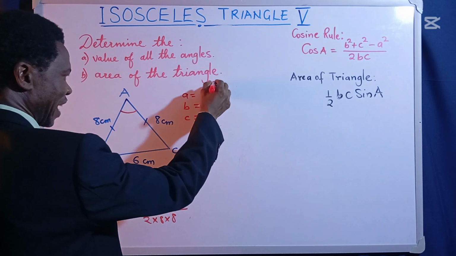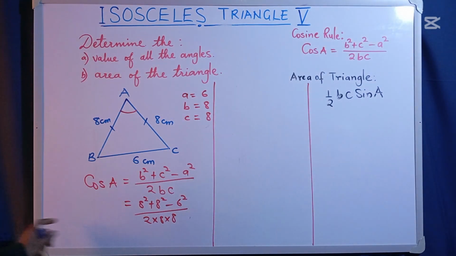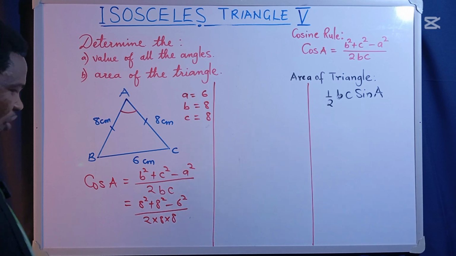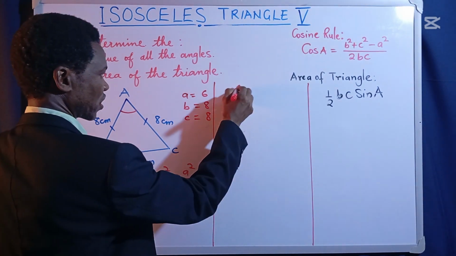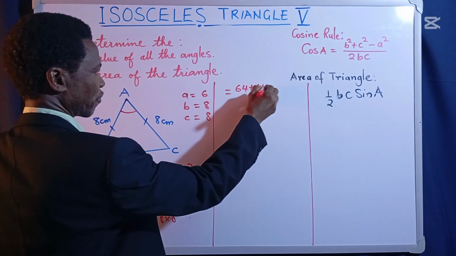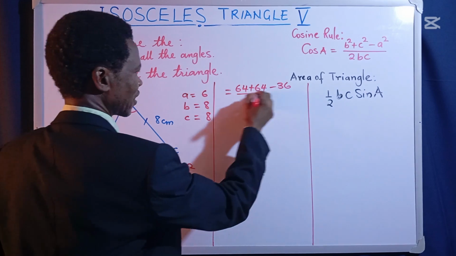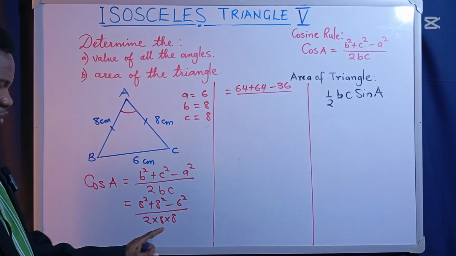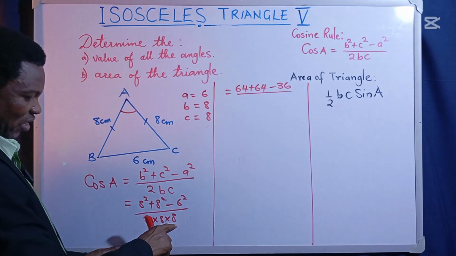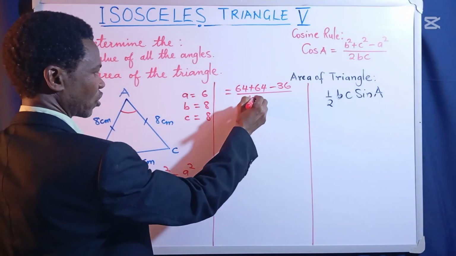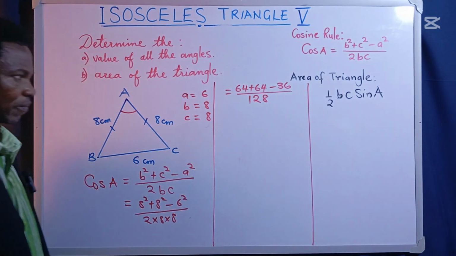If we solve that, this is going to give us 64 plus 64, take away 36, all over 8 times 8 times 2, that is 128.